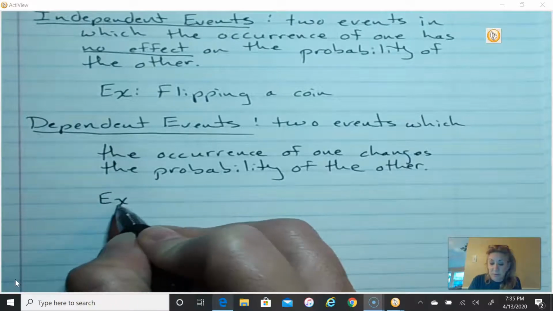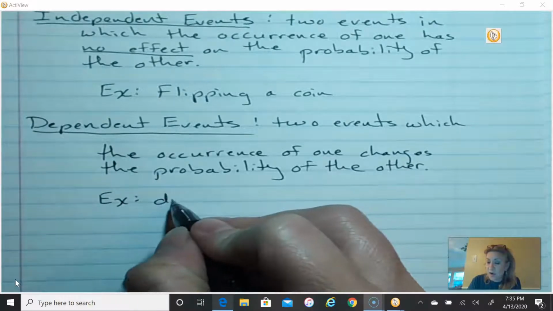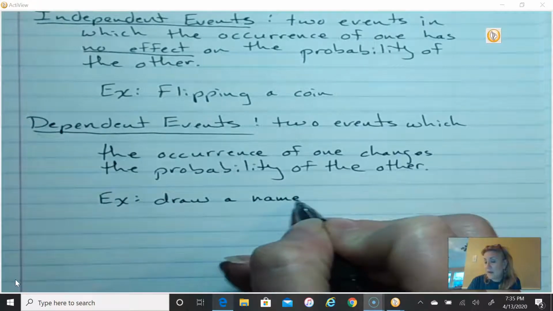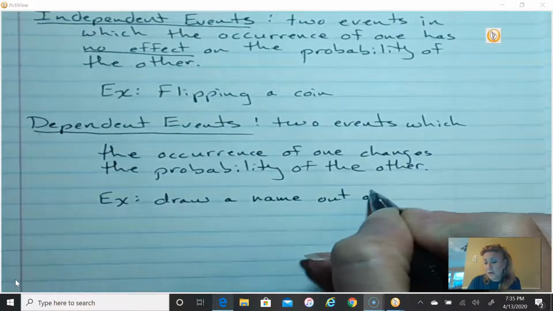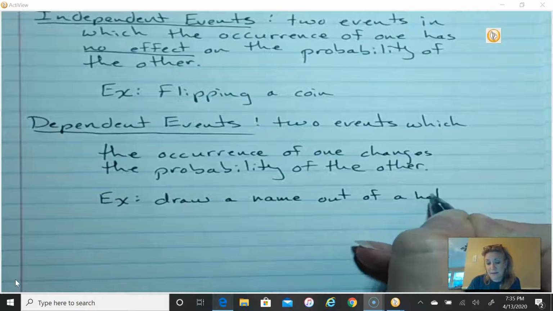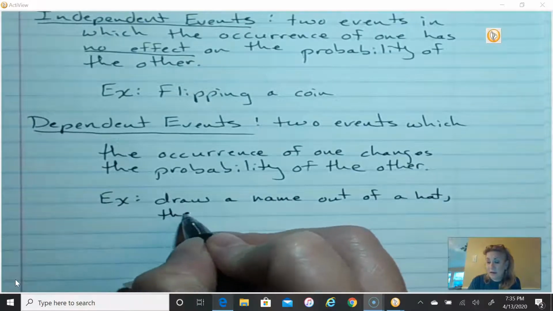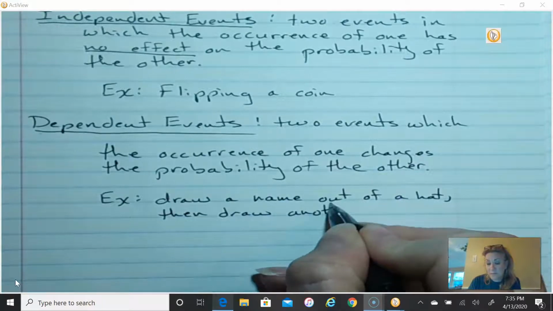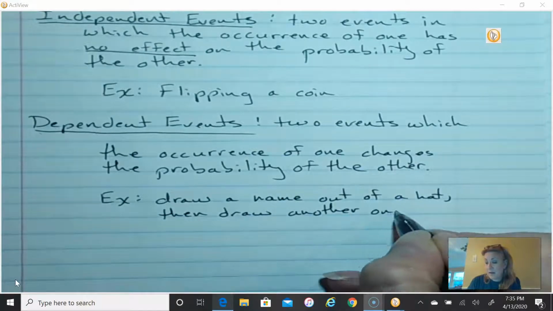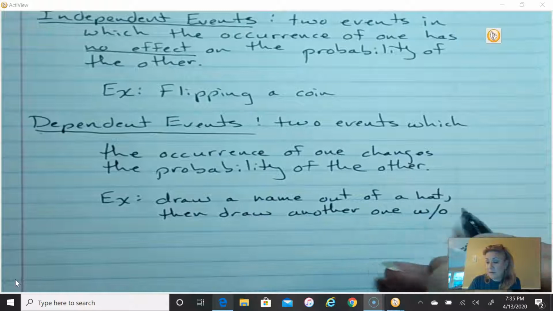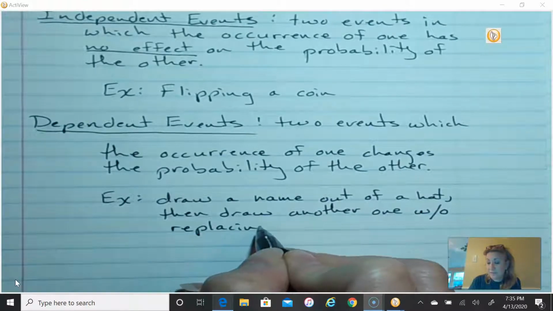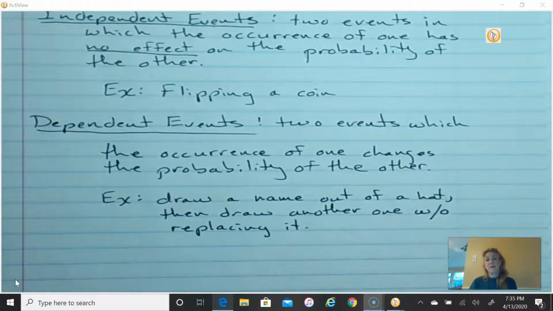For example, if I draw a name out of a hat, then draw another without replacing it. Okay?